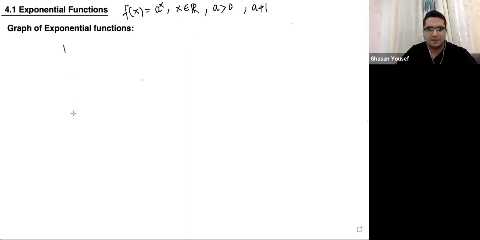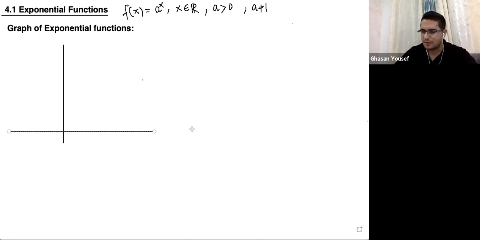Here is the y-axis, here is the x-axis, and this is the x-axis again, and this is the y-axis.